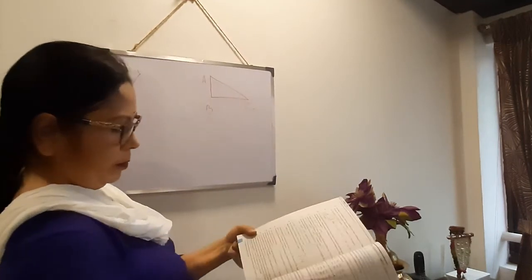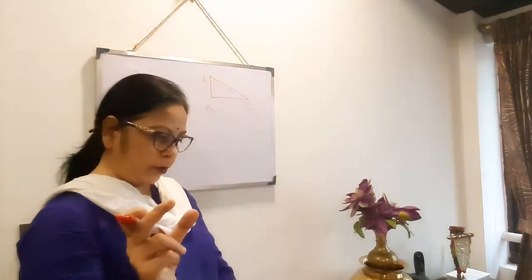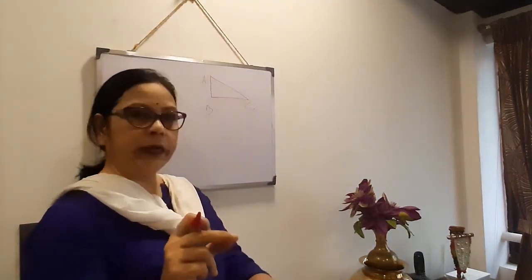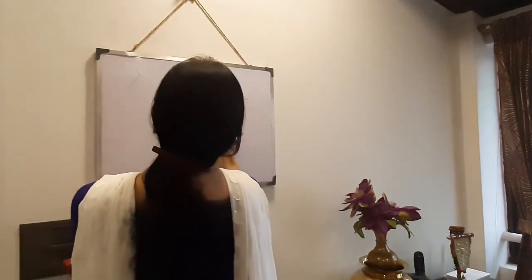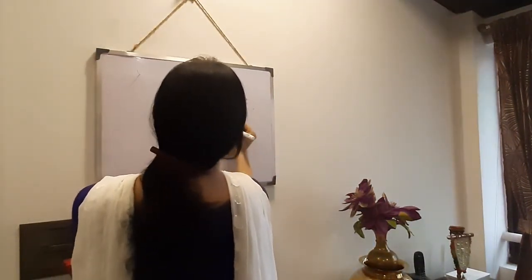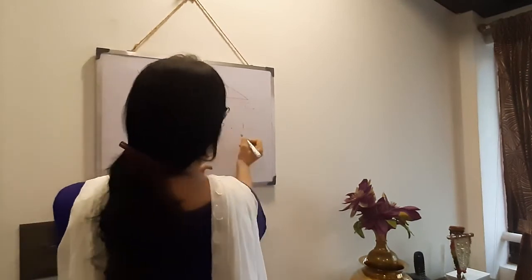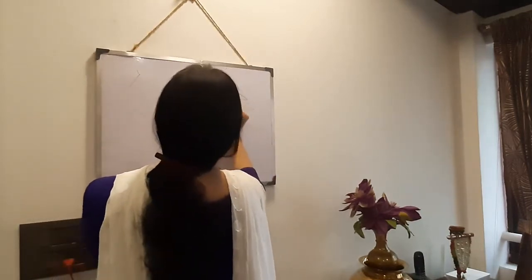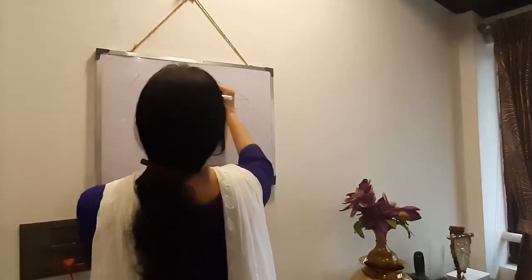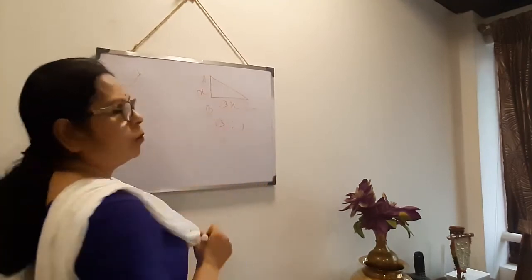Ratio of shadow of tower, that means length of shadow is coming first and height is coming next. It is given root over 3:1. So here also we will consider x as a common multiple, and then this will be shadow, root over 3x, and this will be x, as ratio is root over 3:1.